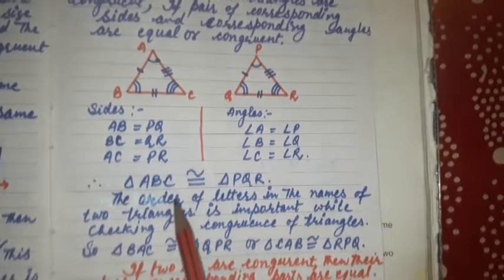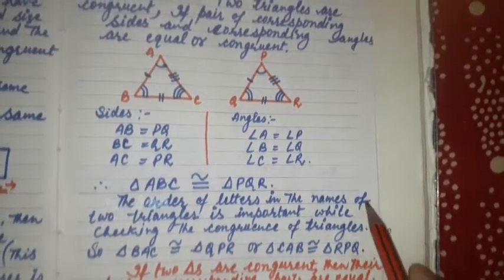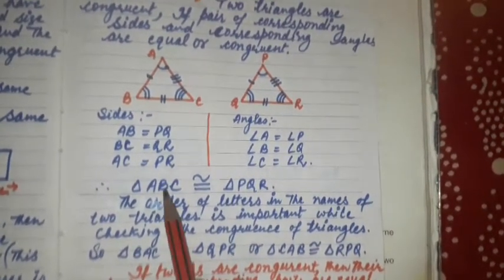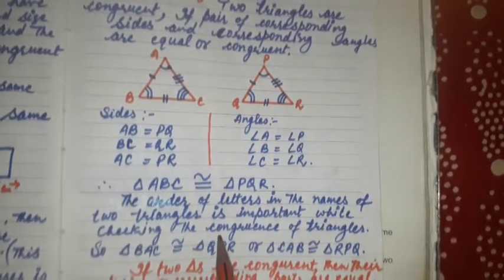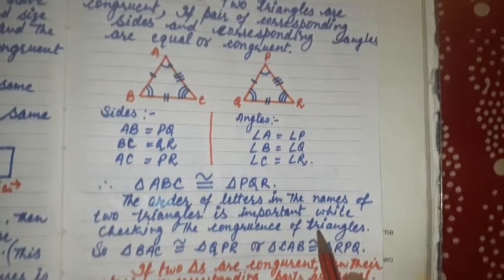And the order of letters in the names of two triangles is important while checking the congruence of triangles.